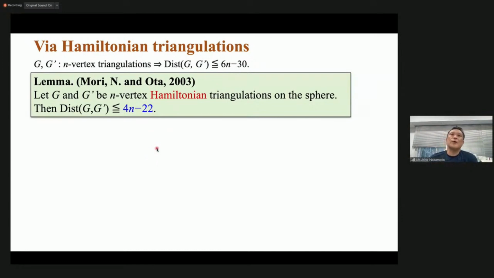Then the flip distance of G and G prime is at most 4n. If we compare this and this, in this lemma, if we assume Hamiltonian triangulation, then the flip distance decreases from 6n to 4n. So we prove this.